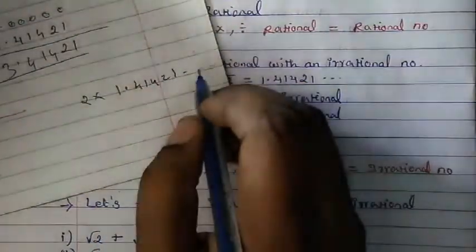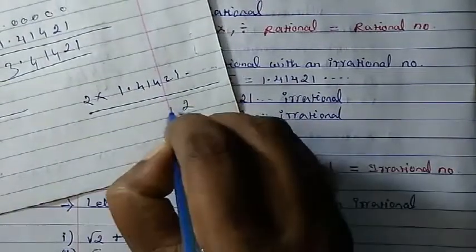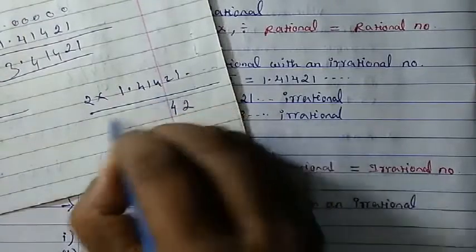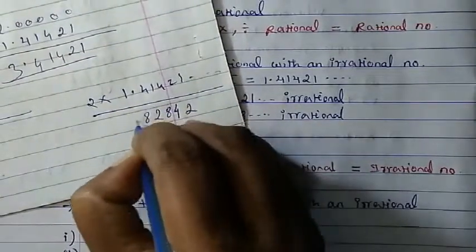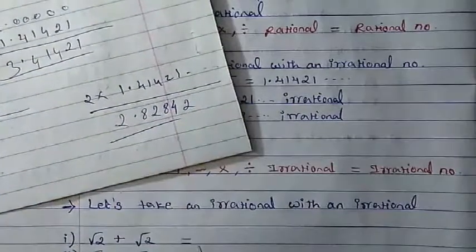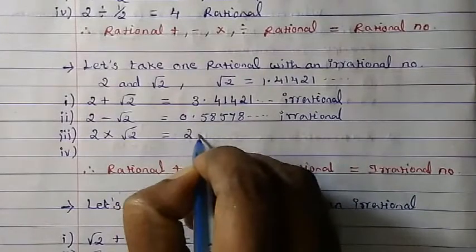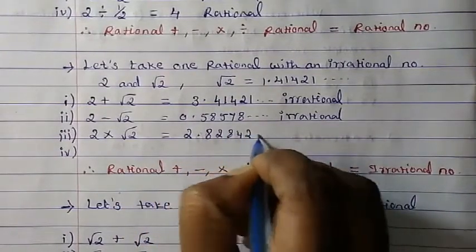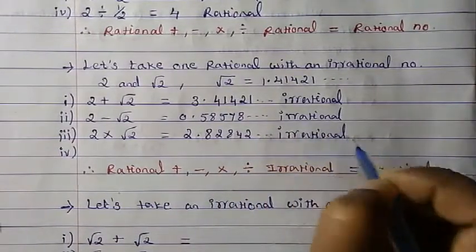So we will get 2 2s are 1, 2, 2 2s are 4, 4 2s are 8, 2 2s are 8 and 2. So we will be getting 2.82842 and so on. So this is also an irrational.